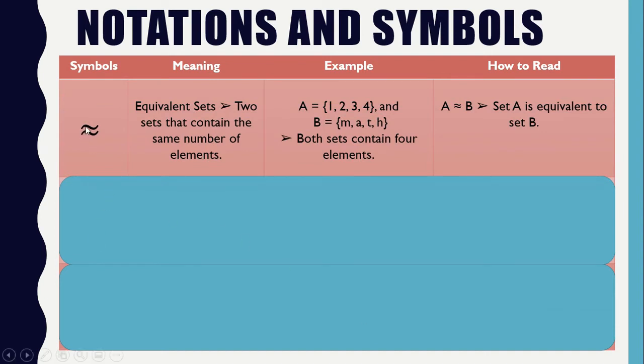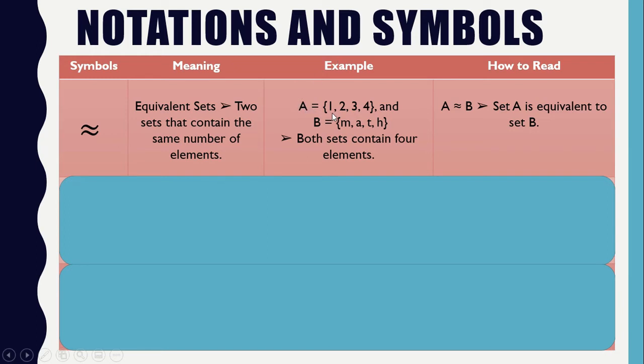The symbol for equivalent set looks like an equal sign that is wavy. What does equivalent set mean? Equivalent sets are two sets that contain the same number of elements. They have the same cardinality. Okay, example.